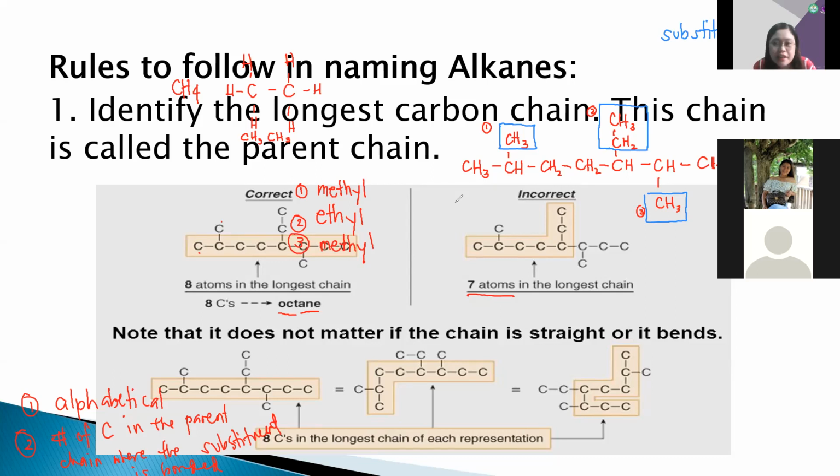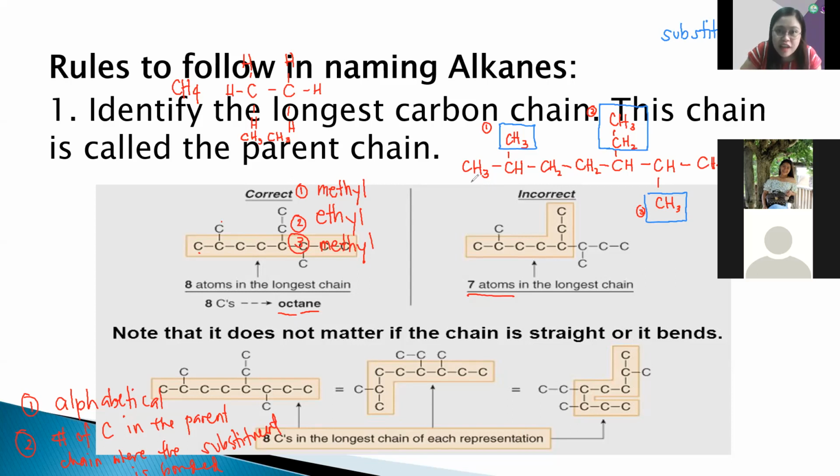Ano yung i-consider natin? Magka-carbon number 1 ka doon sa dulo na may pinakamalapit na substituent. I hope nasundan yon. Ang carbon 1, itatagalog natin siya. Our carbon number 1 is doon sa dulo, class, na may pinakamalapit na substituent.